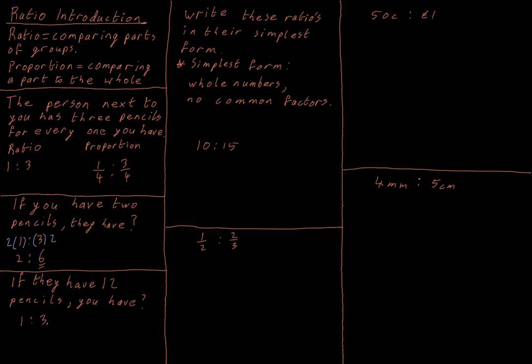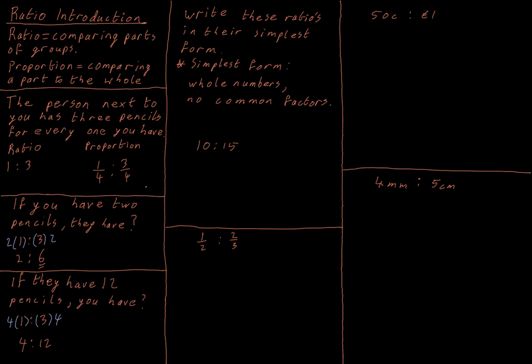If they have 12 pencils, what did we multiply by to get from 3 to 12? We would have multiplied by 4. So they have 4 times as many pencils as we initially described. That means we would multiply your number of pencils by 4 as well. So we would have 4:12. And in this way, we can figure out how many pencils we would have in different circumstances, because we know that for every 1 that you have, they have 3.